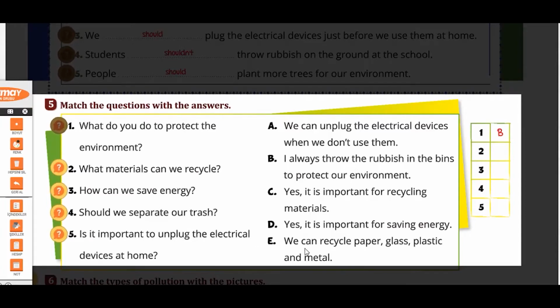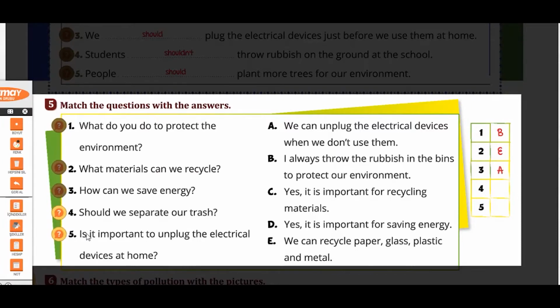We can recycle paper, glass, plastic, and metal. Okay, so it's E. 3, how can we save energy? We can unplug the electrical devices when we don't use them.